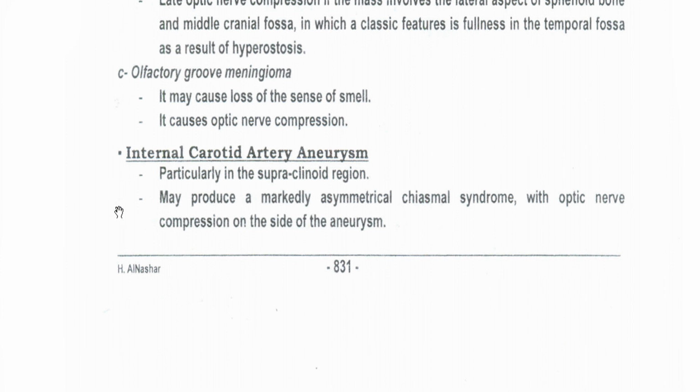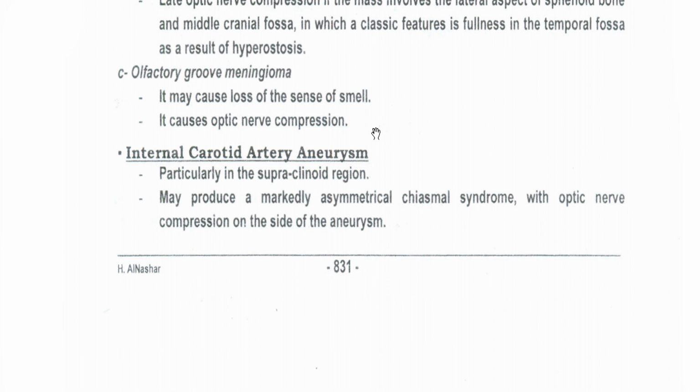Another type is the internal carotid aneurysm. Actually, the internal carotid artery is passing not below the chiasma, it is beside the chiasma, not like the previous examples. So when there is aneurysm and enlargement in size and compression, it will push the chiasma from its side. So which fibers will be affected?